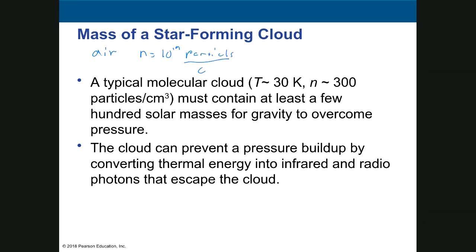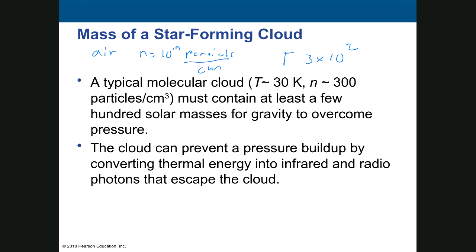And the temperature is not 3 times 10, but 3 times 10 to the 2, or 300 degrees Kelvin. So you can see that there's a lot more particles in air even than in these gas clouds. So if these gas clouds are forming multiple star systems, they are huge.